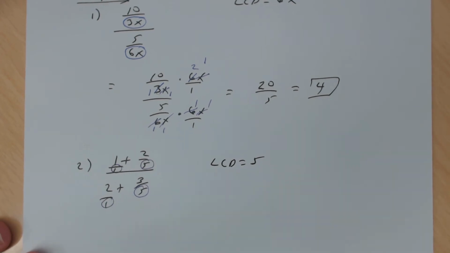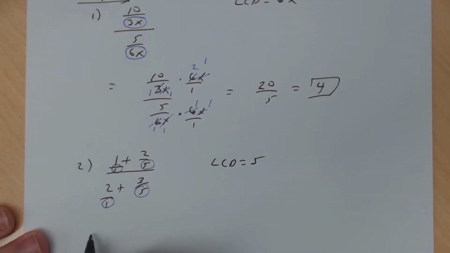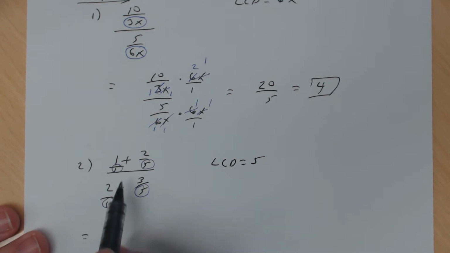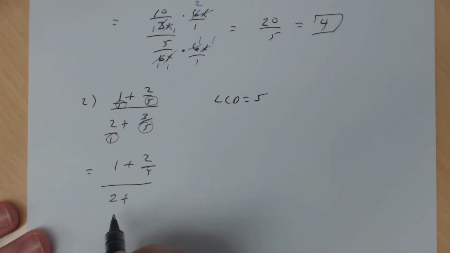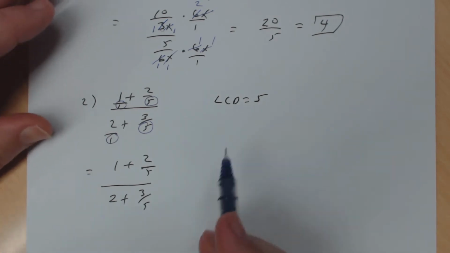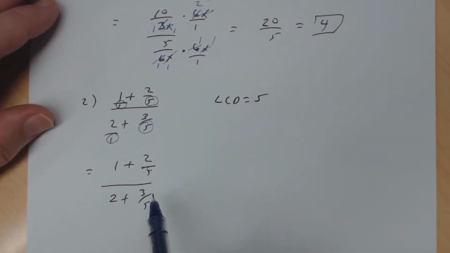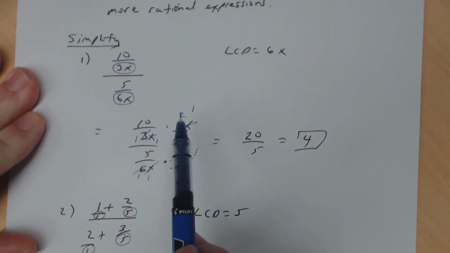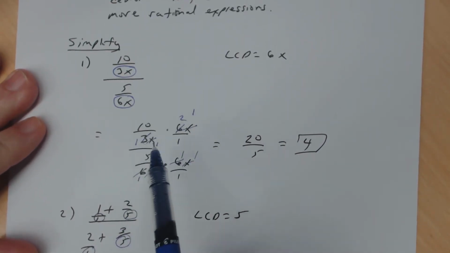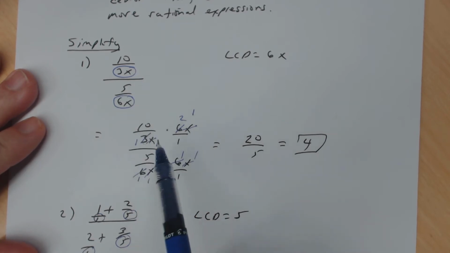Alright, now, I'm going to rewrite this over. I'm just going to write it as 1 plus 2 divided by 5, divided by 2 plus 3 divided by 5. Okay, now here's what you're going to do. You're going to multiply the numerator and the denominator by the LCD. Now, here, when we did the last one, the numerator was just one fraction.